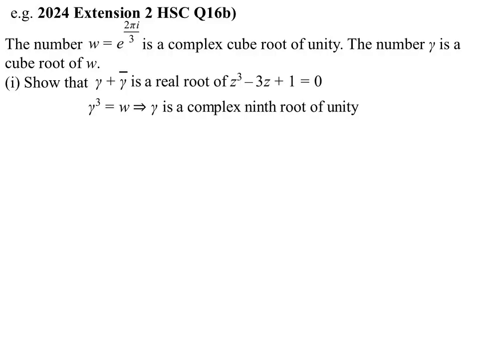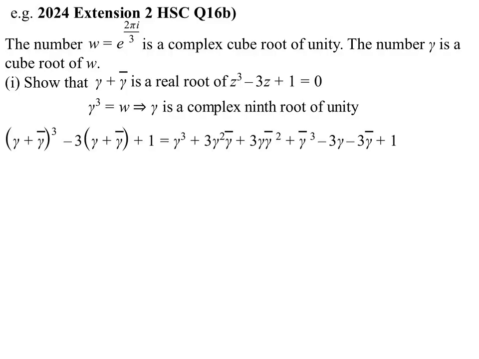Show that. Let's substitute into our equation. We want to show that this ends up being 0. So when I expand out my cubic, I get this on the right hand side. Okay. I know gamma is a complex 9th root of unity.